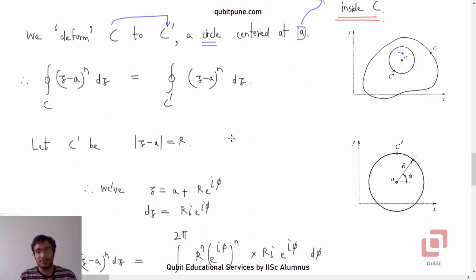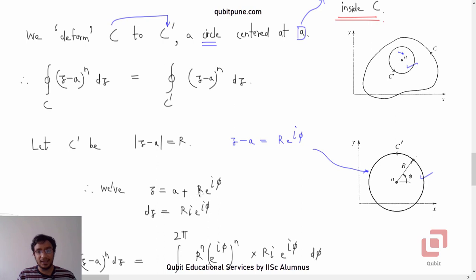So let z minus a be r times e to the power i phi, which you can see here. The same circle has now been shown in a slightly larger version. I will ignore the axis now. The circle is centered at A, and all points on the curve C prime are equidistant from A. The distance between those points and A is r, and depending on the magnitude of the angle, we will keep getting different points.